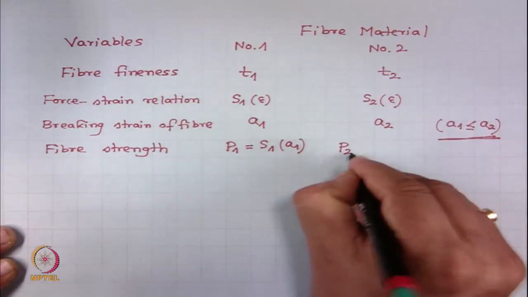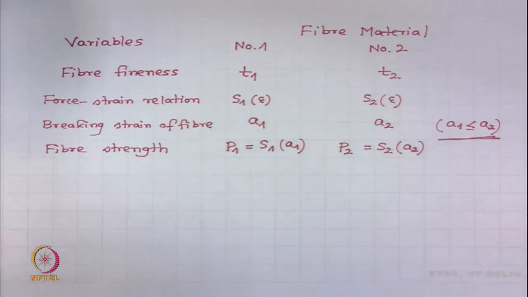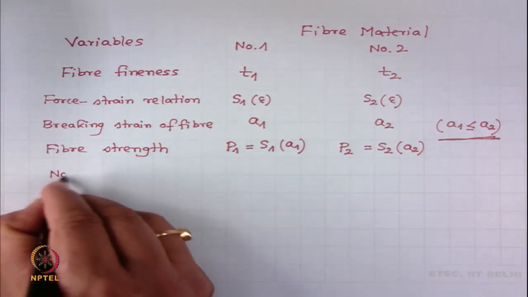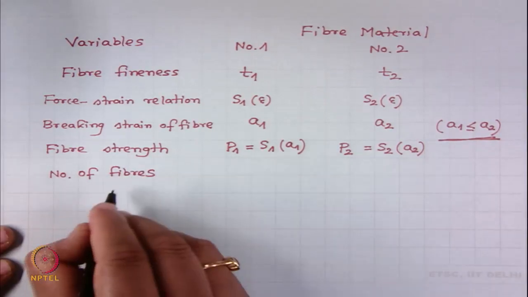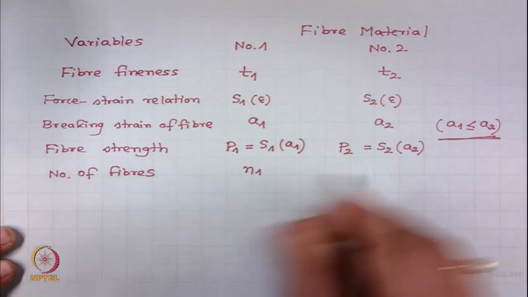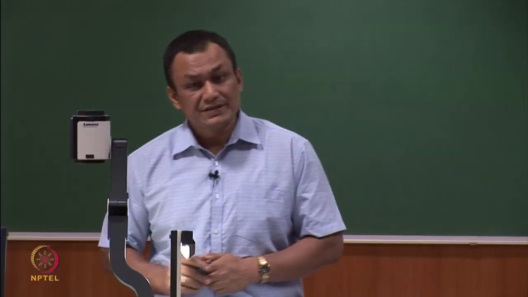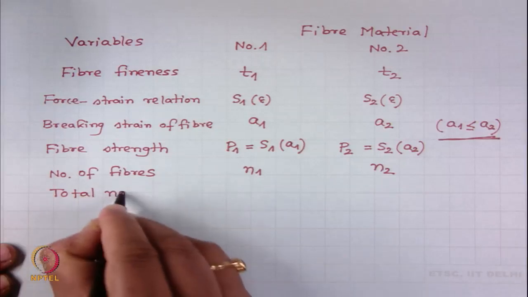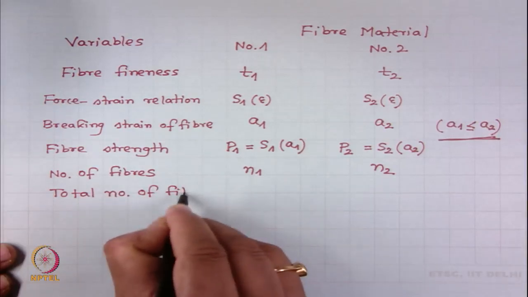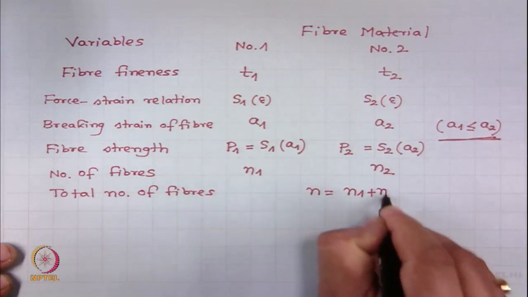Similarly, P2 is function S2 at breaking elongation A2. Now, number of fibers. Suppose this is N1, this is N2. So, total number of fibers in the bundle N is N1 plus N2.